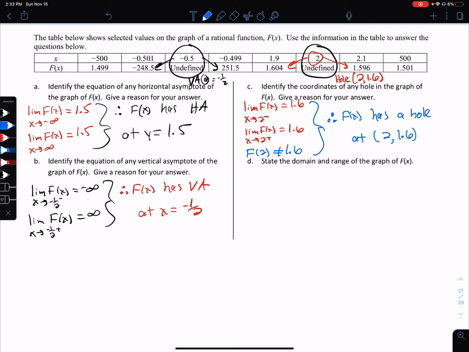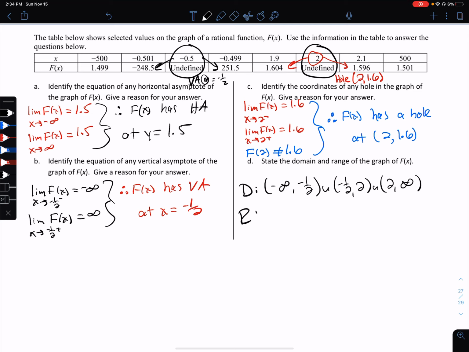Lastly, state the domain and range of this function. Once again, we're assuming the domain is everything except for discontinuities. That comes from the x value of vertical asymptotes, -1/2, and the x values of holes, which is 2. So we're going to go -infinity to -1/2, skip over -1/2 and go to 2, skip over 2 and go to infinity.